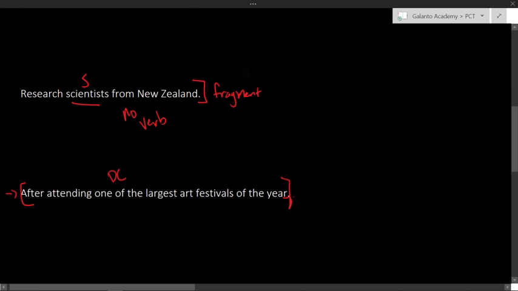So you could say after attending one of the largest art festivals of the year, and then we have this comma right here that I accidentally drew over. John opened his own gallery. So that could turn it into an independent clause with John being our subject, opened being the verb, which is part of our predicate.